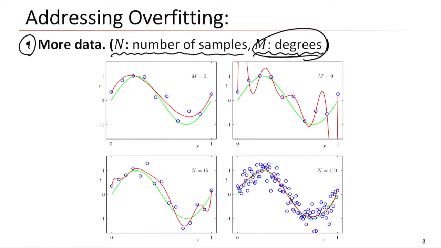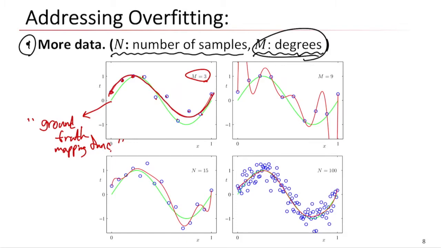So anyway, let's say this green is the ground truth mapping function that we want to solve, right? And there is some training set as blue dots. So if we use a third order polynomial function to approximate these samples, the mapping function looks like this.